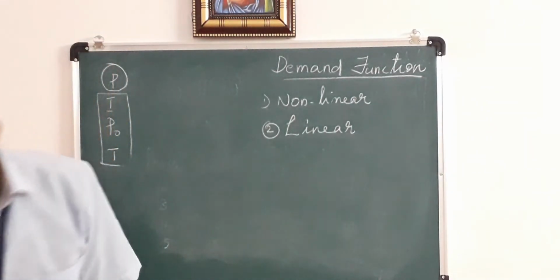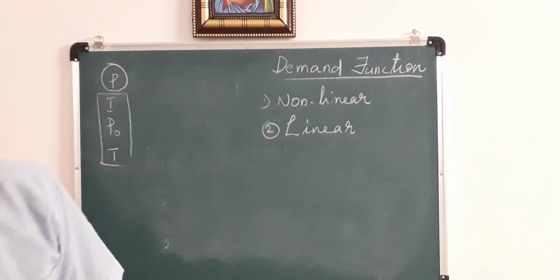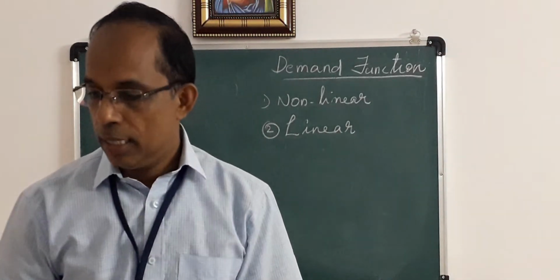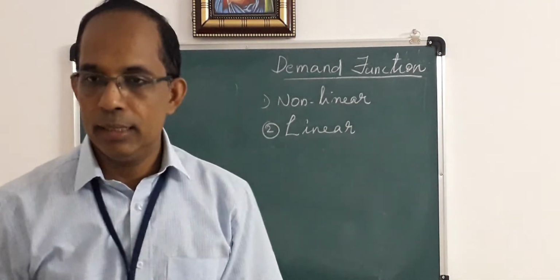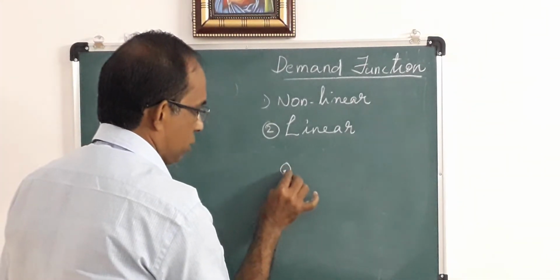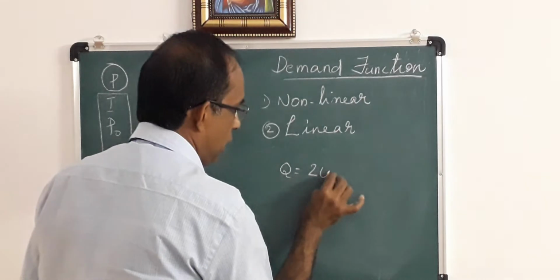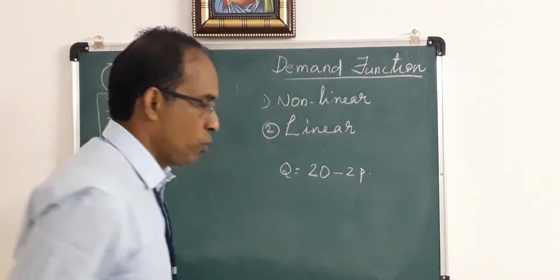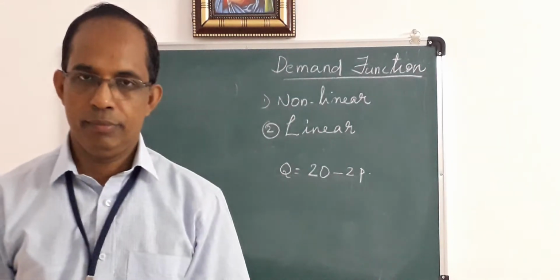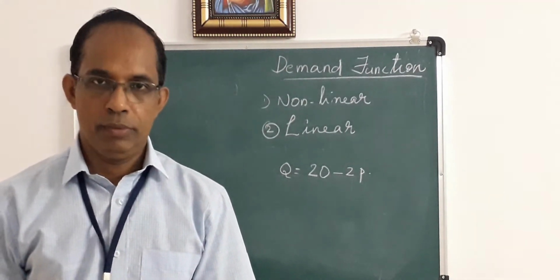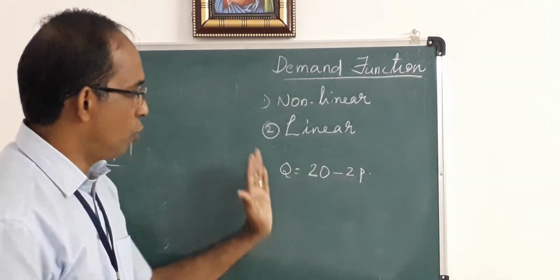Suppose the demand function of a commodity of one student, that is HUMR, is Q is 20 minus 2P. It is the demand function of HUMR.